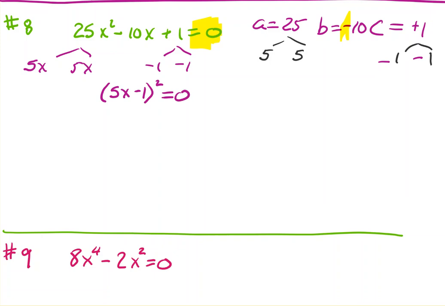Well, that means if I have a 5x minus 1 and a 5x minus 1 and they're both equal to 0, then I only need to work one of them. So let's do the one. I get 5x minus 1 equals 0. I guess you could work both of them, but I don't see the benefit in that. 5x equals positive 1. X equals 1/5.